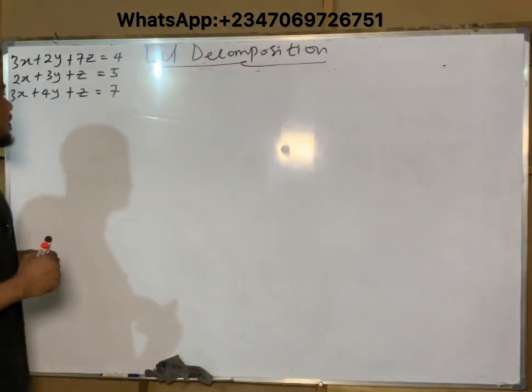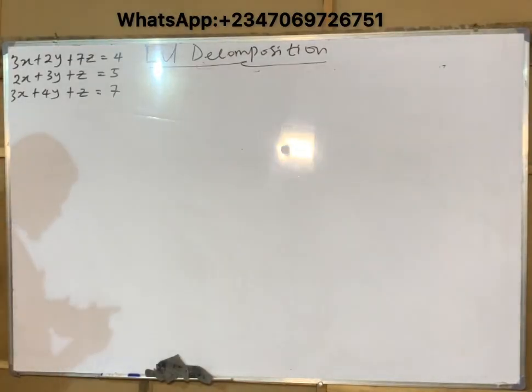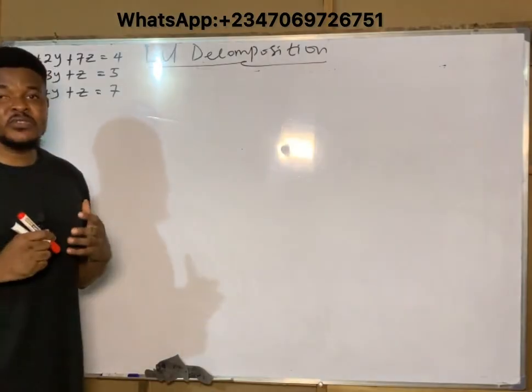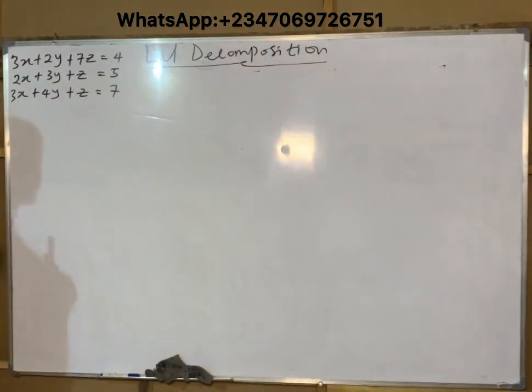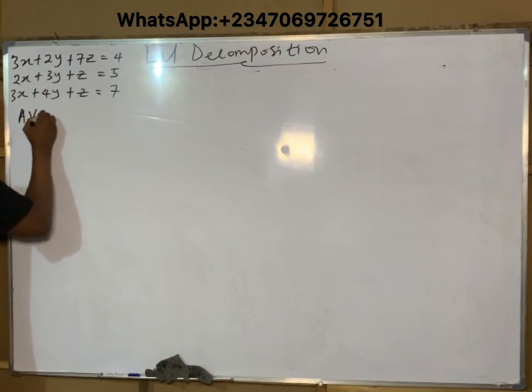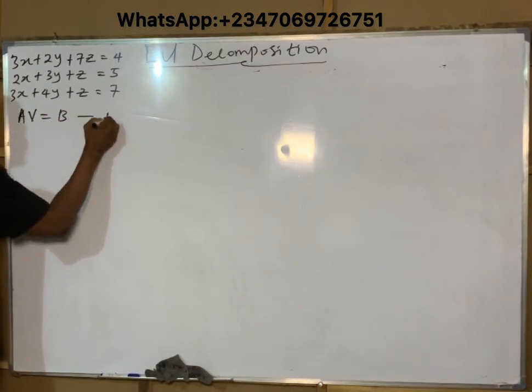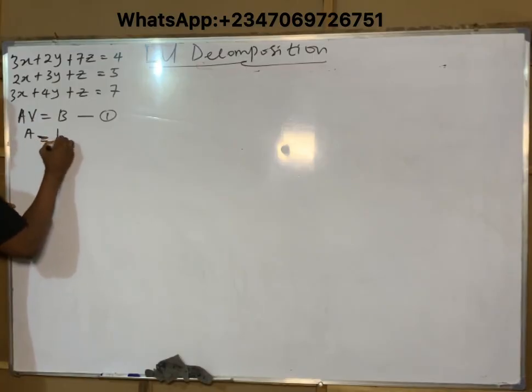The question says we should find the values of x, y, and z given these systems of equations. Now in the first video I said that to solve using the LU decomposition method, we need 5 equations. The first equation is labeled AV is equal to B. That's our equation 1. Now we simply decompose A into a lower and upper matrix.